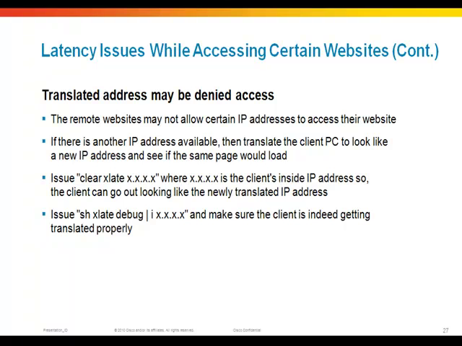In that case, you need to reach out to the remote website's administrator, pick up the phone and call them and say, hey, when I try to access your web page looking like x.x.x.x, I can't load the page or it loads slowly, but if I access your website using y.y.y.y address, I'm able to load it fine. So is that something that you're doing on your end, or what do we need to do about it?